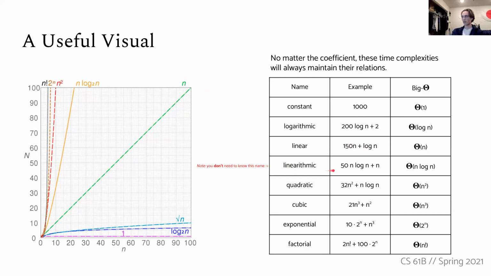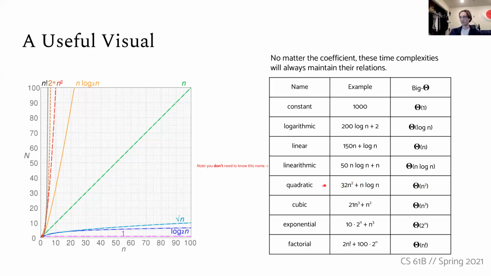Next, we have linearithmic. You don't need to know this name, but this is going to describe n log n runtimes. There are more functions contained between these, but these are the most popular, so that's why we're just going through these. You can think of functions that correspond to these types of runtimes. Quadratic would be an example of an n squared runtime, and you can see n squared is greater than n log n here.